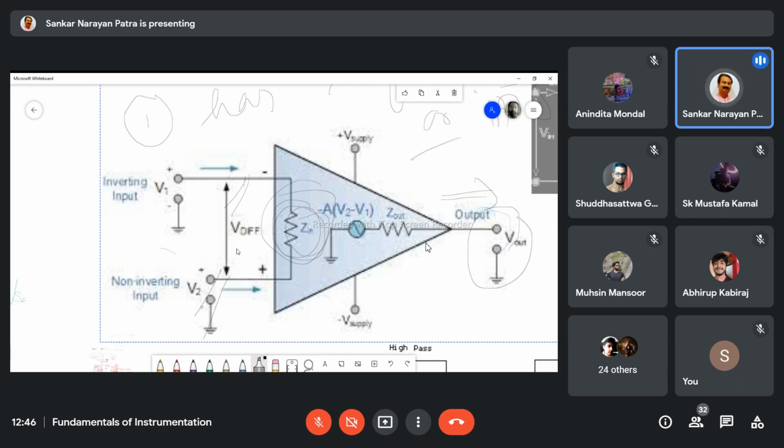I said that is the equivalent resistance, not only the internal source resistance at the input, but also the resistance due to reverse bias as well as forward bias of the transistors. I have not said in detail how that resistance is considered in the input side. That should be discussed in detail when you study analog electronics circuits.